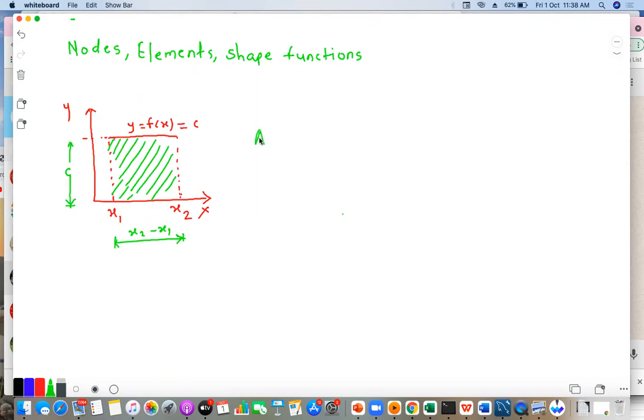So we can simply calculate area is equal to height into width, is equal to c into x2 minus x1, where c is the value of the constant. So for this simple function, we can simply calculate the area.